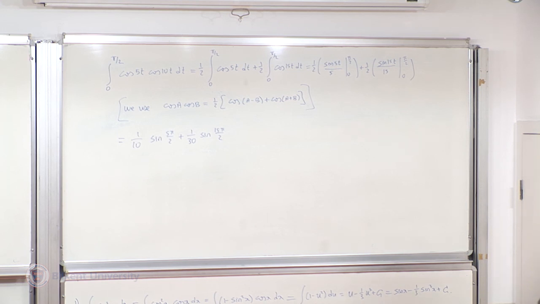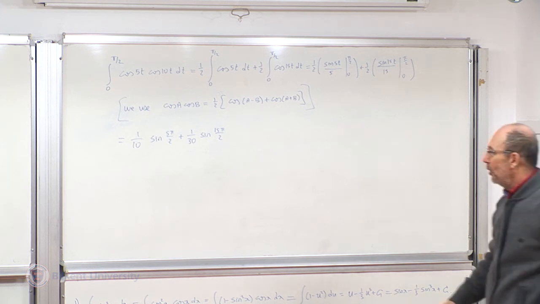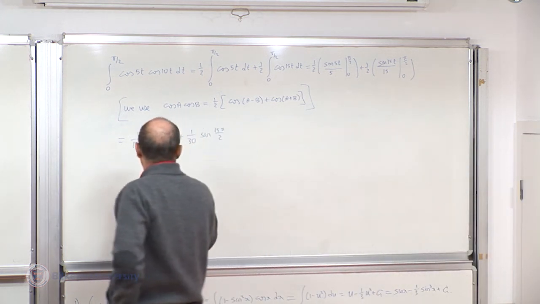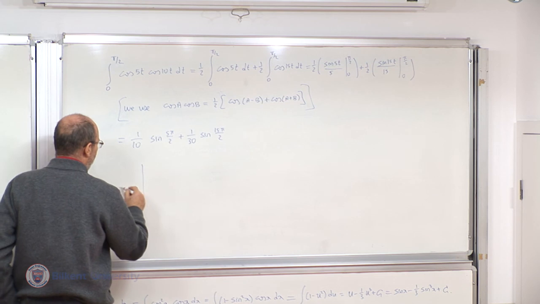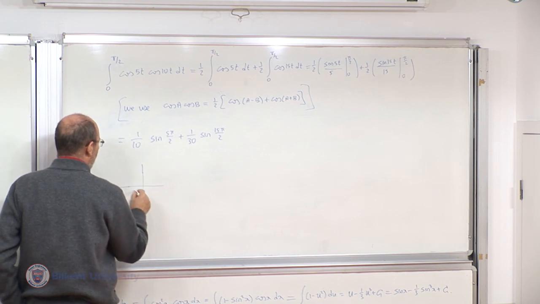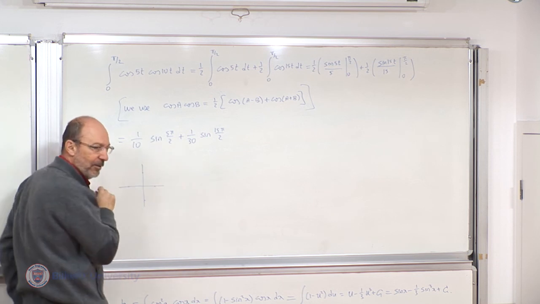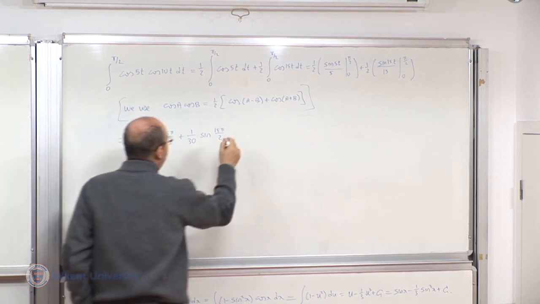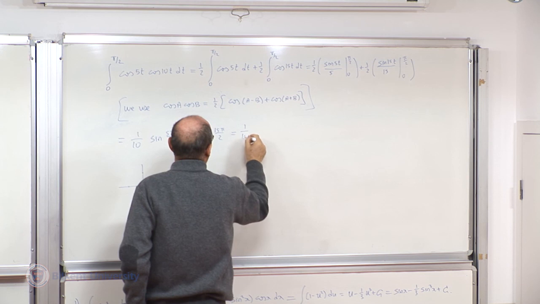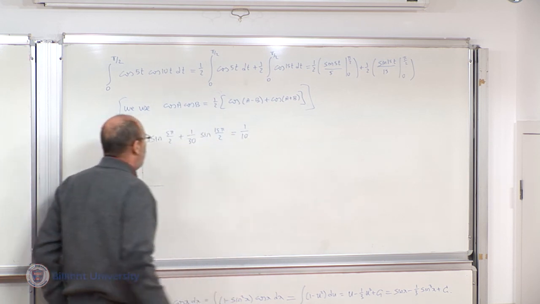Well, you get powers of pi over 2. So you have to count here. 1, 2, 3, 4, 5. So this is 1, right? So 1 over 10. What is the other one?